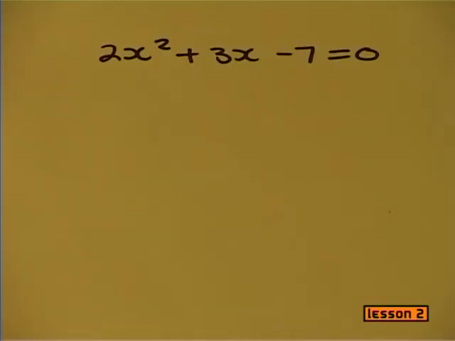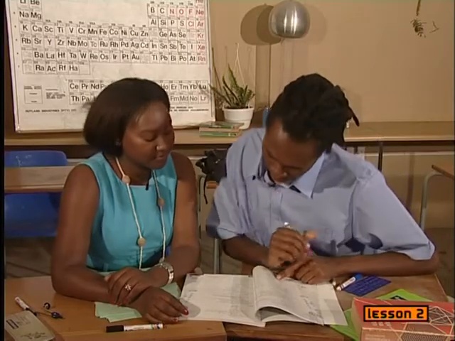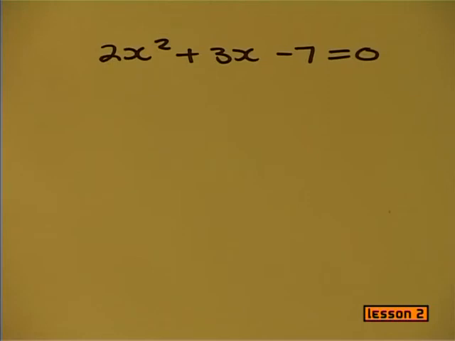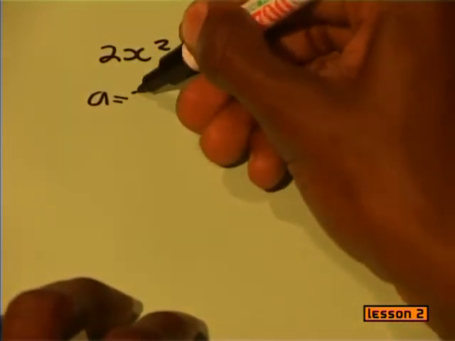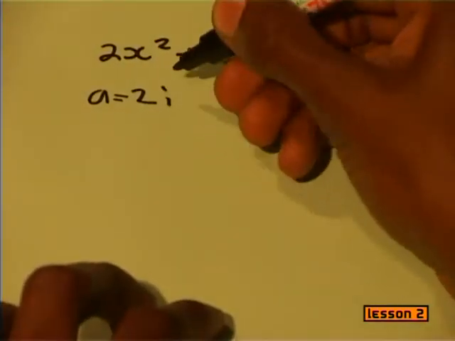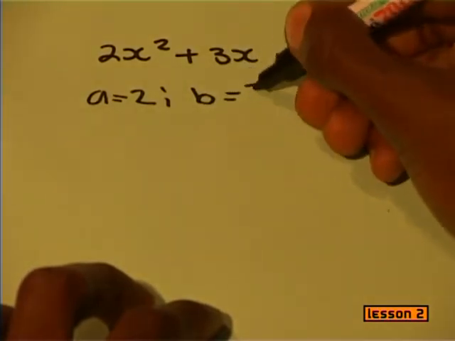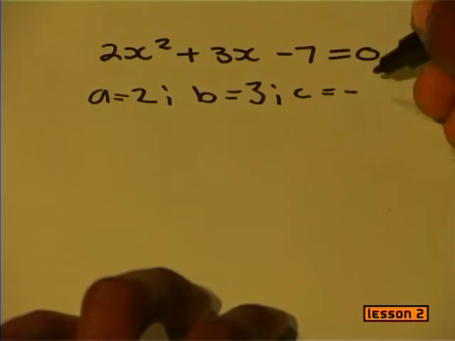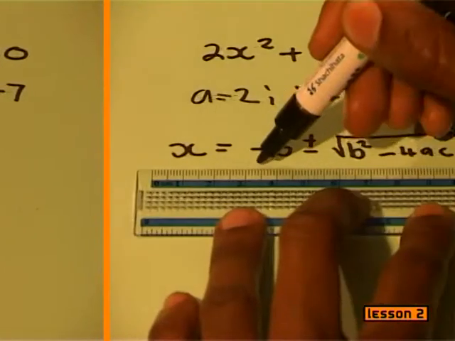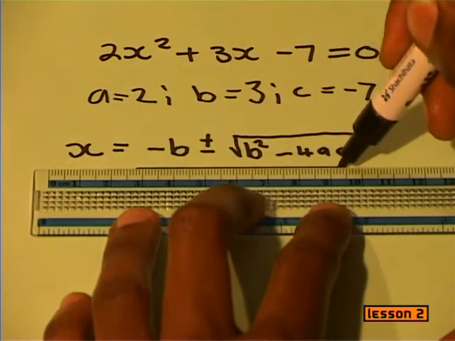Okay, you can try it with this equation on your worksheet. Okay, here goes. The equation is already in simplest standard form, which means that a equals 2, b equals 3, and c equals -7. Now I substitute that into the formula.